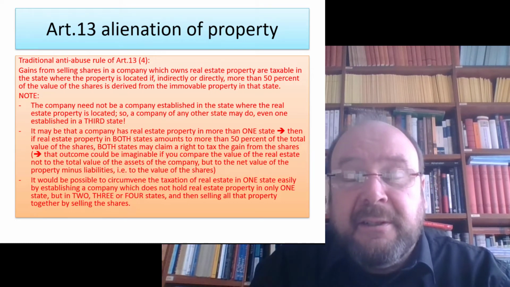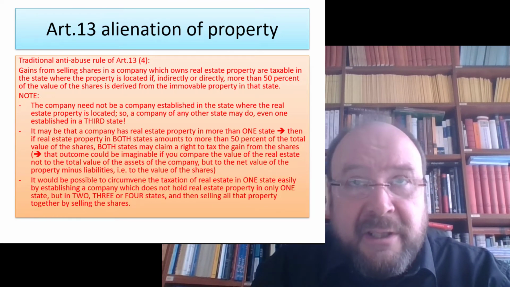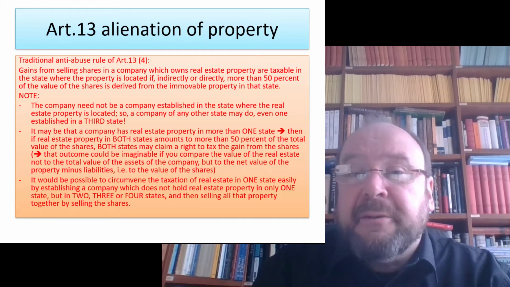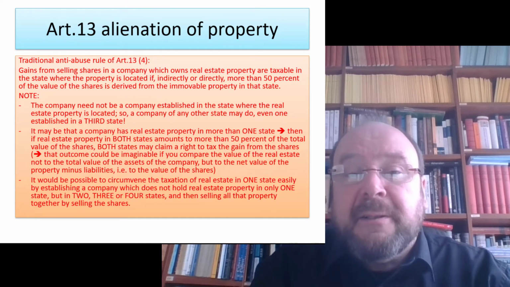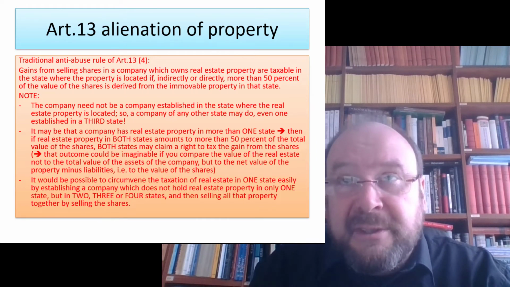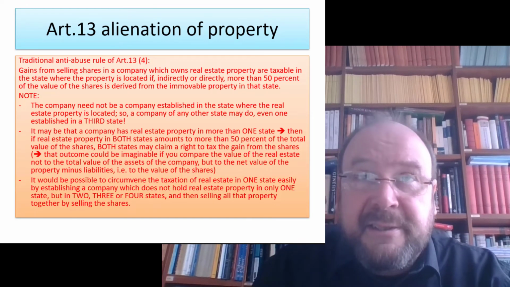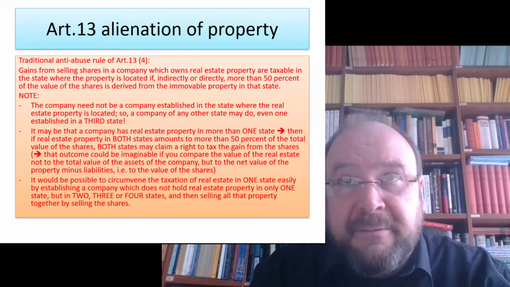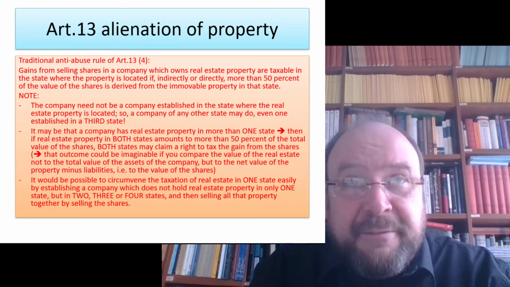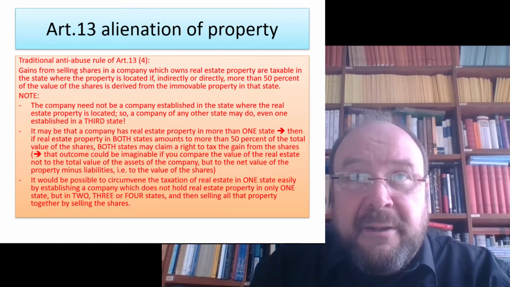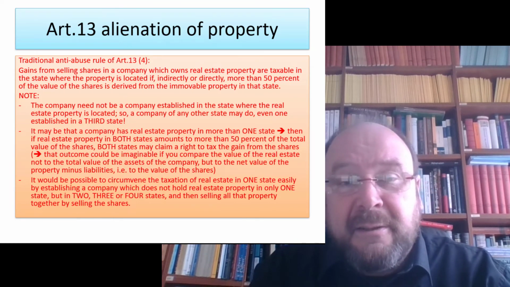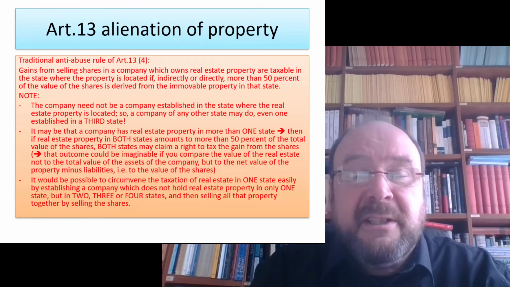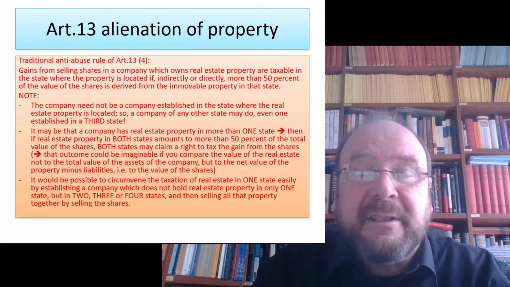On the other hand, if you have no liabilities at all in play, then you could easily circumvent the whole thing by just setting up one company which then owns houses in 3 states. House in state A, 500,000, house in state B, 500,000, house in state C, 500,000, total value 1.5 million, so no house in any of the states equals 50% at least of the total value of the company.